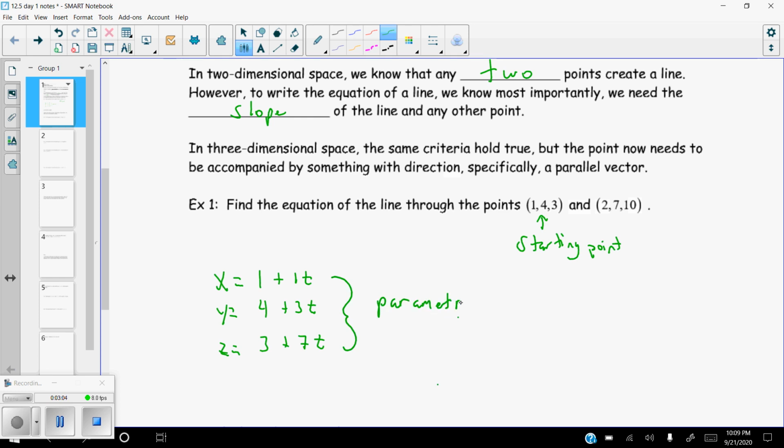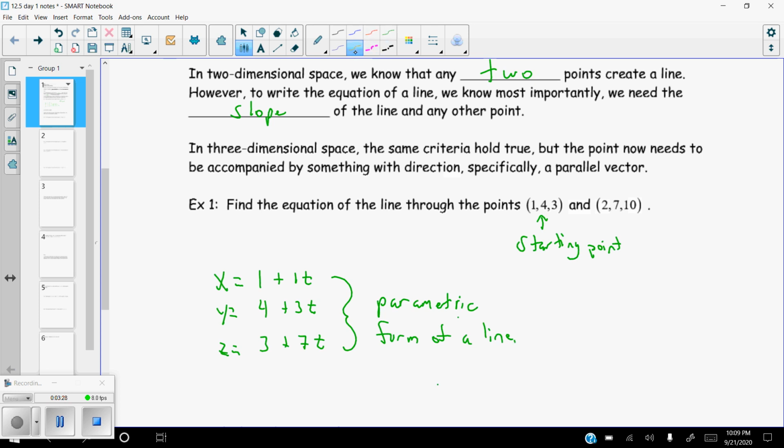Parametric form of a line. And the reason for that is we can't just write something in, like in 2 dimensions, y and x is y equals mx plus b. As soon as we throw the z in there, it no longer is a line. It becomes a plane, which we will deal with later on in this section.